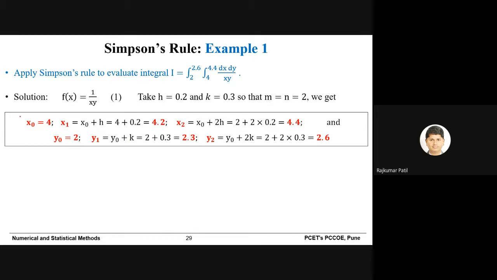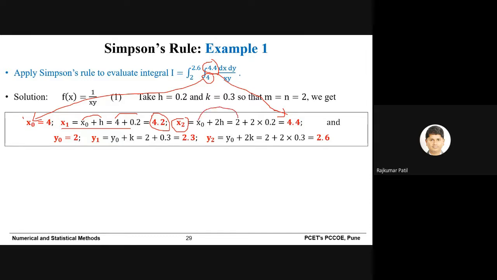The formula we already discussed. The lower limit will be the value of x0, that is the first value of x. The upper limit will be the final value of x, that is x2, and you can calculate the intermediate value, that is x0 plus h. When you do it, you will get 4.2. And if there is any other intermediate point, you can also use the formula x0 plus 2h.